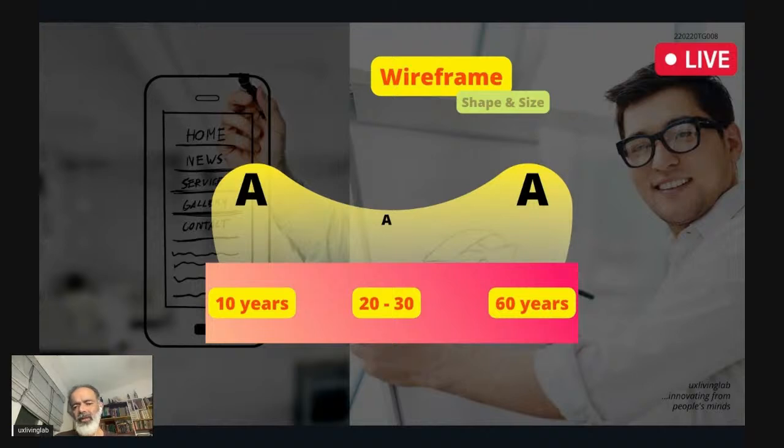So the size of the font also depends on persona. These are two simple thumb rules you have to follow: while you define the persona, define the age, then select the size and shape.